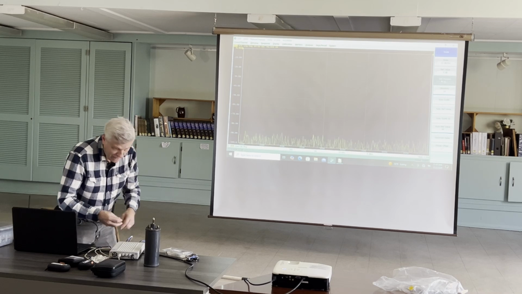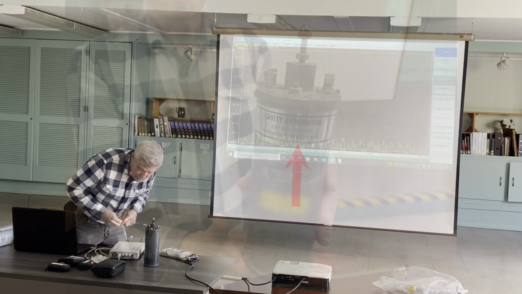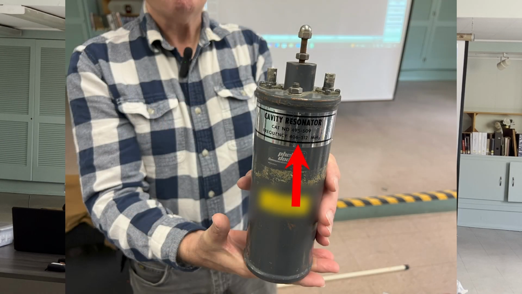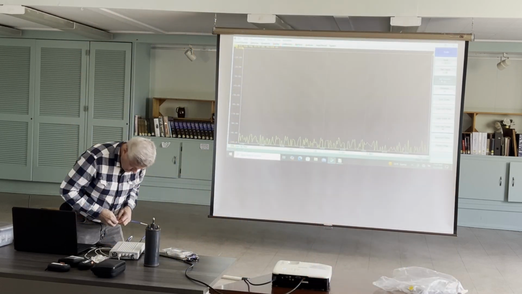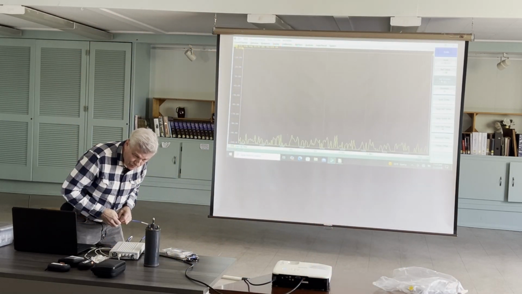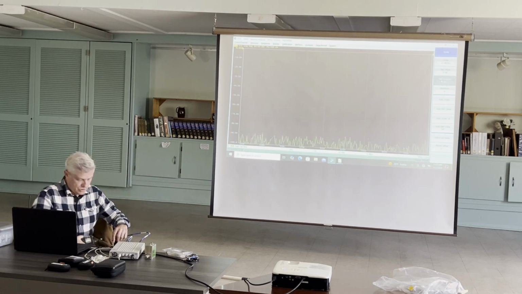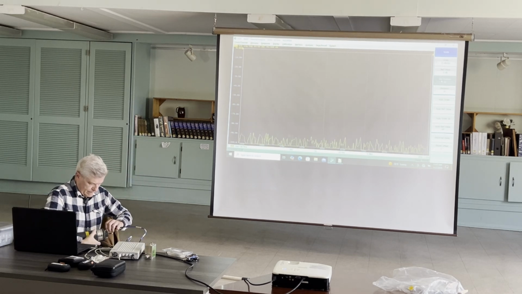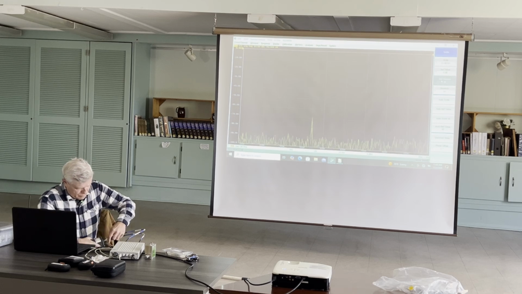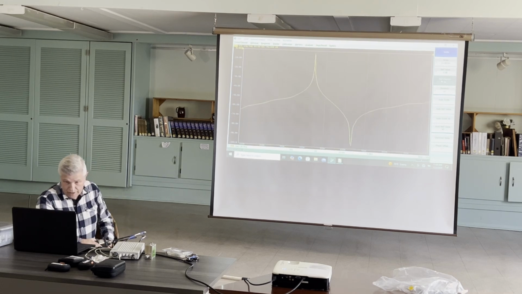All right, so this is a bandpass filter that's adjustable between 406 meg and 512 meg. And this is really kind of cool because it lets you see what the actual response of this cavity is. Oh, look at that.